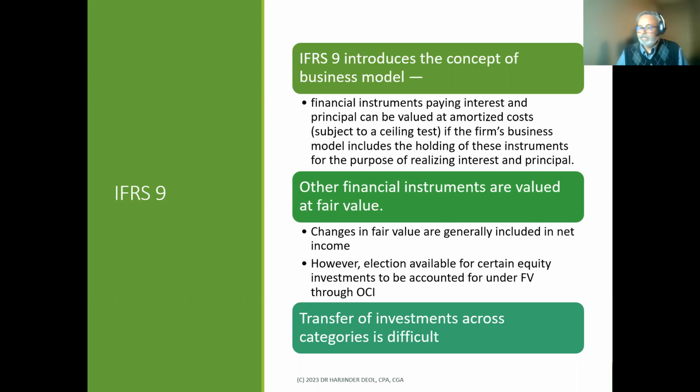So if a company buys bonds issued by another company, you do a classification test there. What's the intention behind buying the bonds? Do we intend to just receive the contractual cash flows and hold on to these bonds until they mature?